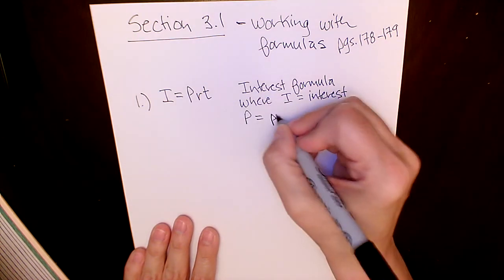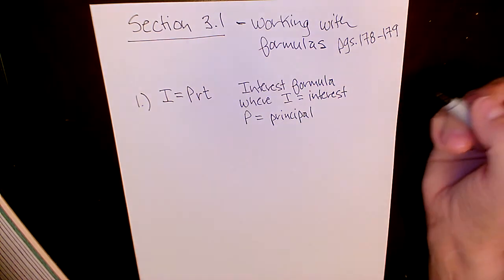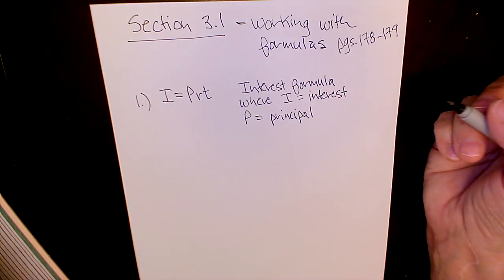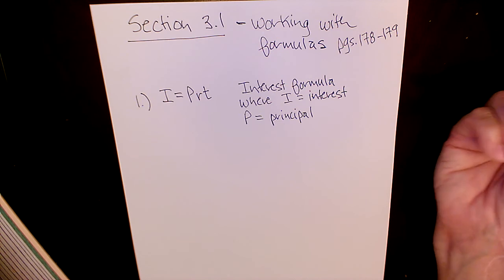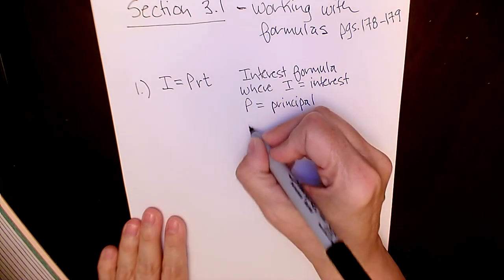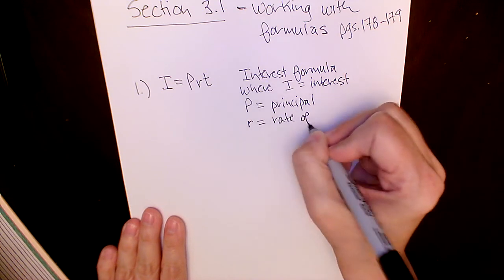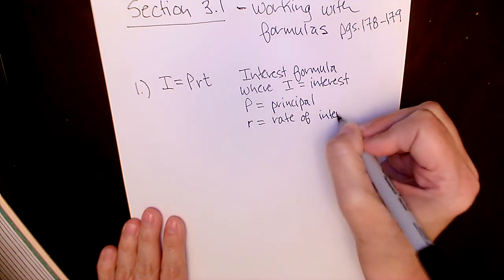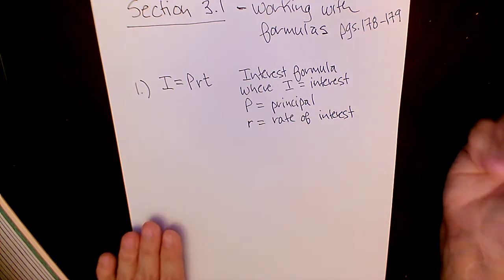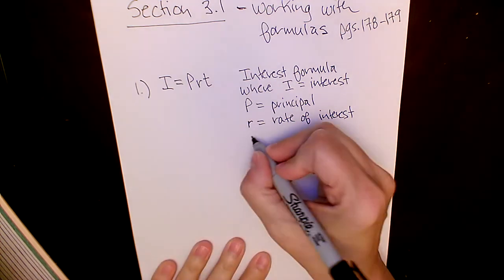P is your principal, or how much you're actually putting in the bank or saving in the account. R is your rate of interest, so you might get 2%, 1%, 5%.